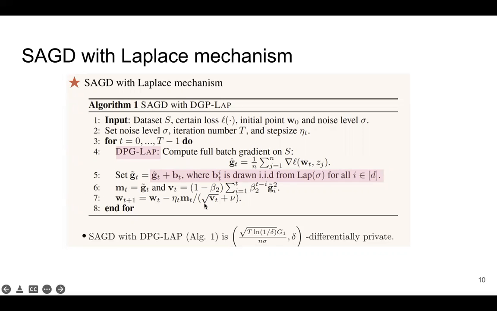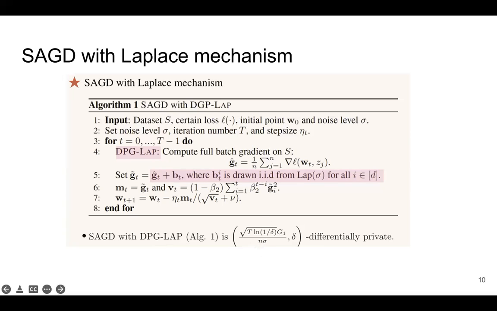The only difference is how they get the empirical gradient. After getting the gradient over the data set, they add Laplace noise to make it differentially private, and then we get a noisy gradient and do the optimization step. They prove that this algorithm satisfies epsilon-delta differential privacy.